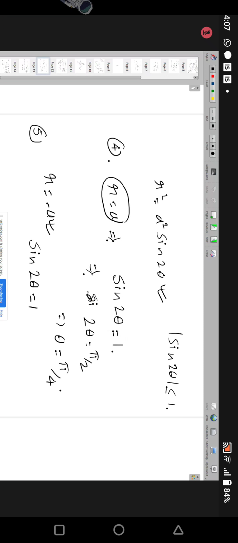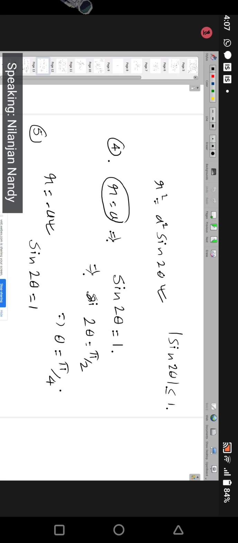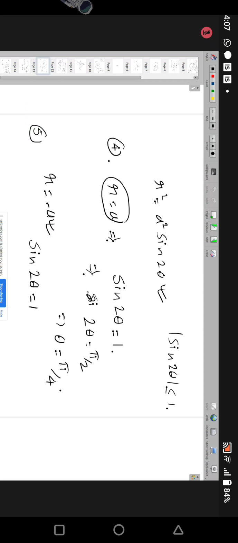Next, we are checking the region, we are checking the values. So for r equal to a, you are getting theta equal to pi by 4 because sine 2 theta is equal to 1. But look very carefully, when r is negative, theta cannot be an acute angle. So the range of theta, as you know very well, is within 0 to pi for polar coordinates.